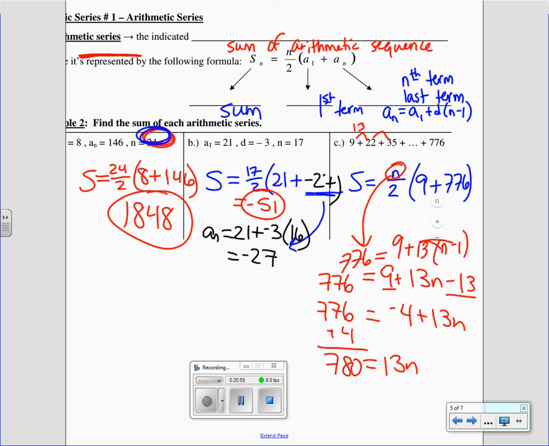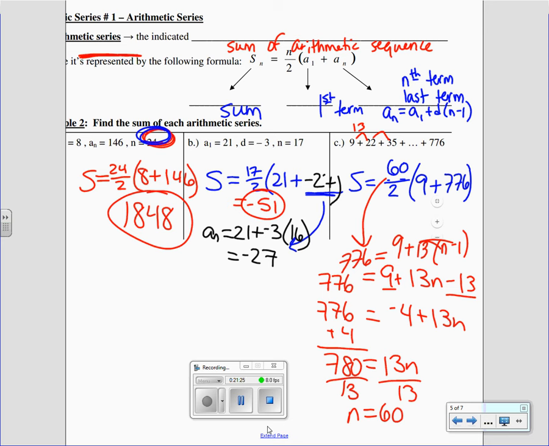And then what do you do last, Chandler? You get 60? Okay. Charlie, what do I have to do with the 60 now? Good. Plug it in for n. So 60 goes in that spot.